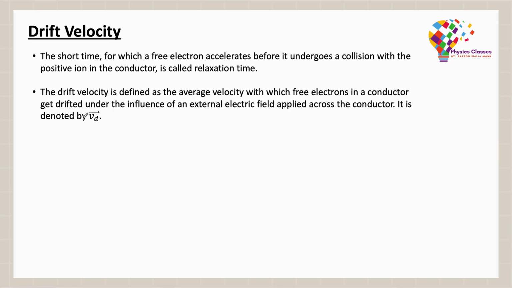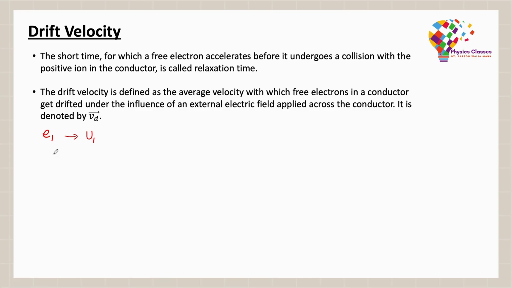So let's say for the first electron, electron number 1 was moving with some initial velocity u1, when there was no potential difference. After I applied a potential difference, it got accelerated and its velocity increased.